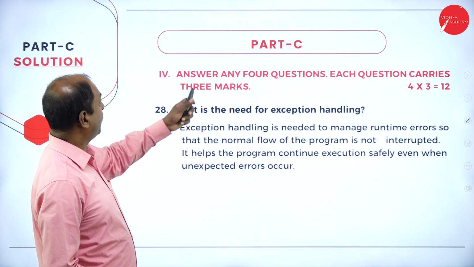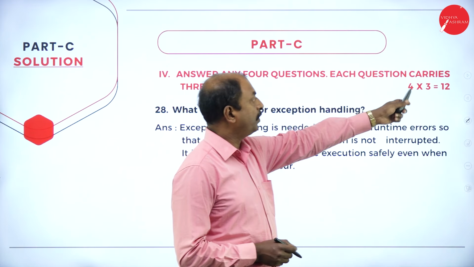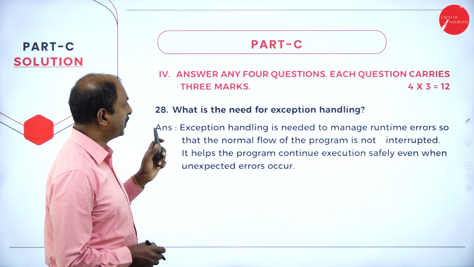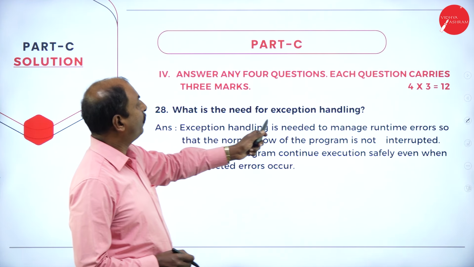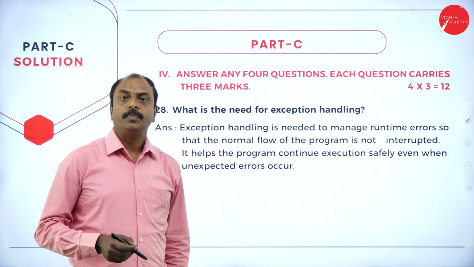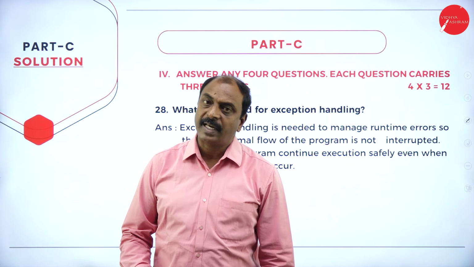Now let us see the next question. That is part C now. In part C, it is a 3 marks question, and the first question is the 28th question. What is the need for exception handling? Here, students, part C, D and E are descriptive type questions.